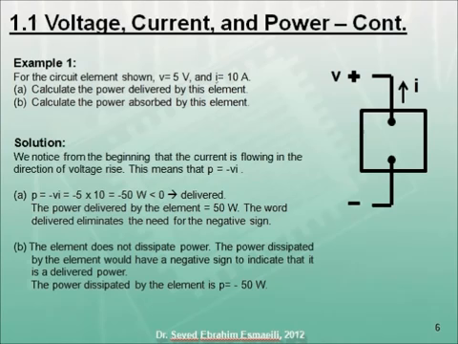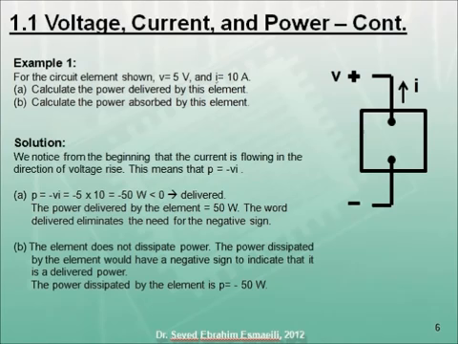Since the current is flowing in the direction of voltage rise, then the power equation is written as P equals minus VI, which gives that the power is equal to minus 50 watts. Since the power is negative, it means that it's being delivered by this element. So, in our answer for part A, we write that the power delivered by the element is equal to 50 watts.